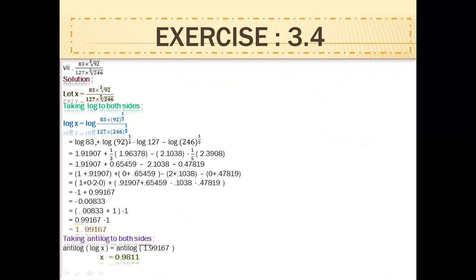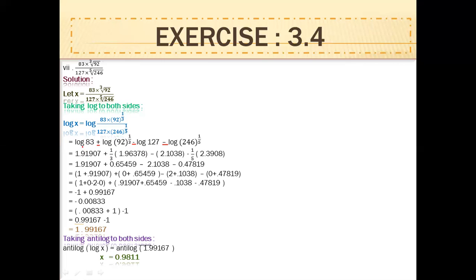We also have the values in the power. Multiplication will be changed into addition, and because two numbers are in the denominator, both numbers will be with negative sign. Log 83 plus log 92 raised to the power 1 by 3 minus log 127 minus log 246 power 1 over 5.